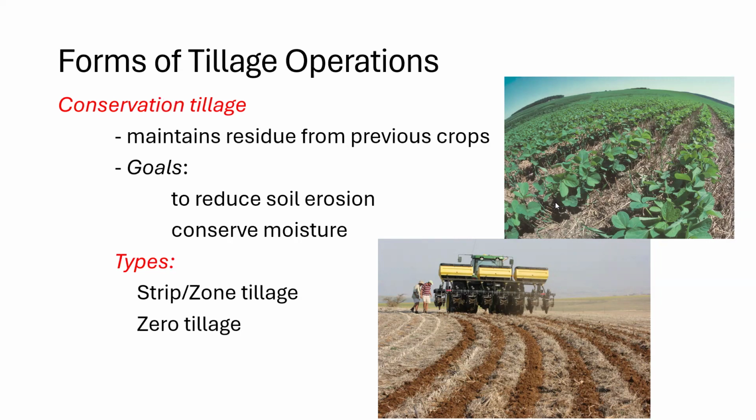Then we have here some types of conservation tillage. Una dyan si strip or zone tillage, which is the pictures. Itong mga picture na to ay strip or zone tillage.